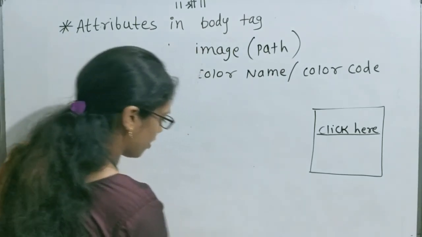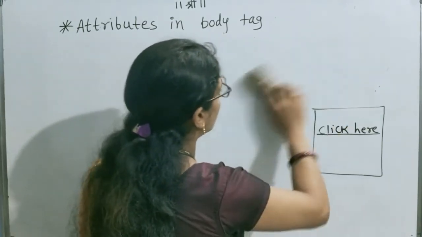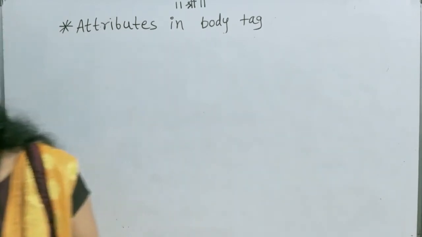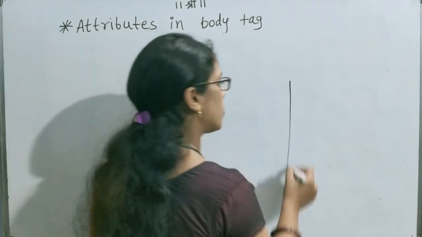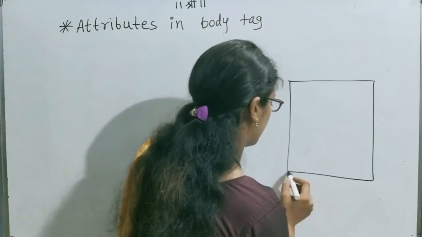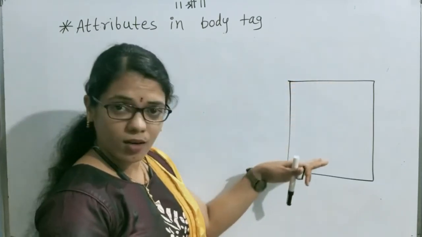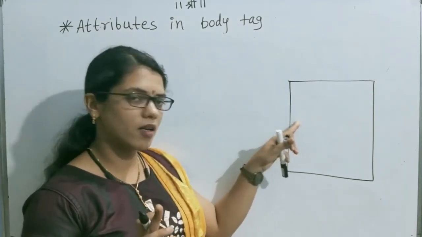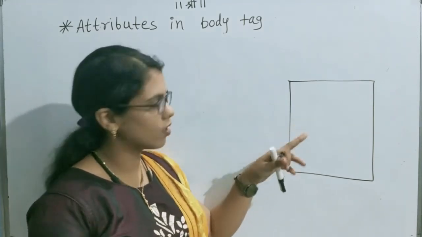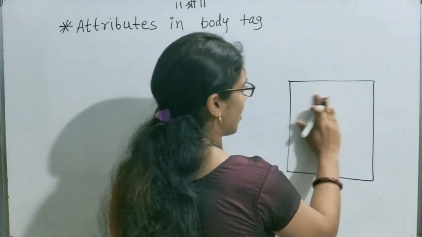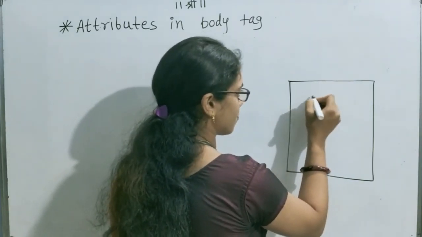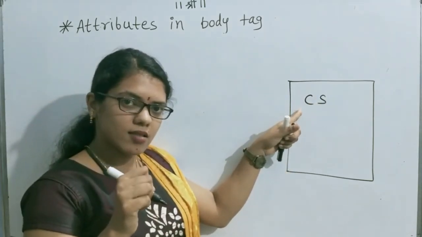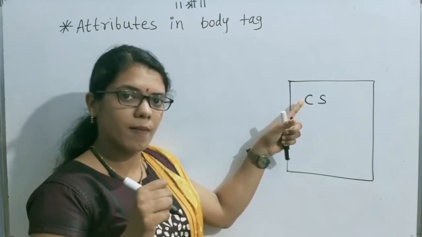by combining more than two attributes. Now you have to consider the background color of our website is white. Here we are writing CS. CS is text. Text color is black.